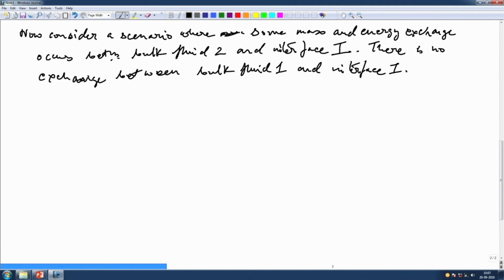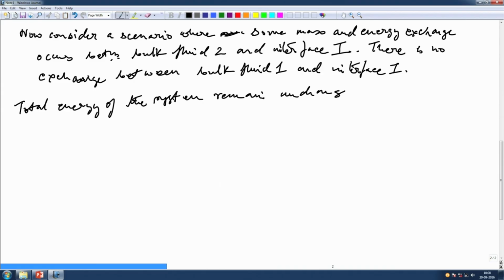Okay. Now, as we know, the total energy of the system should be constant, basically remain unchanged, right. So, E total is given by the interface energy EI plus E1 plus E2, right.